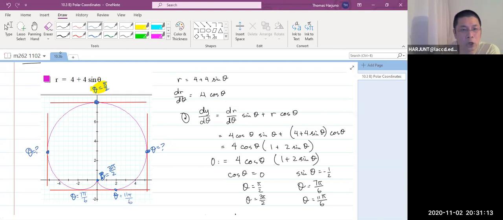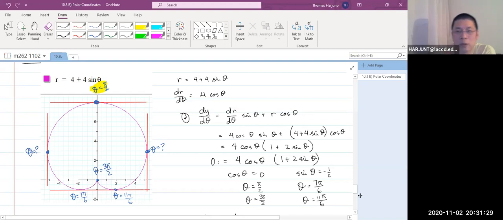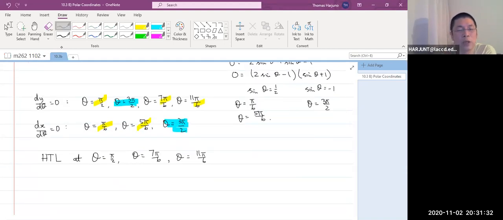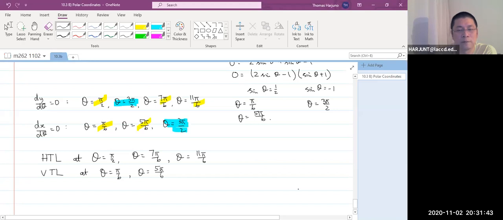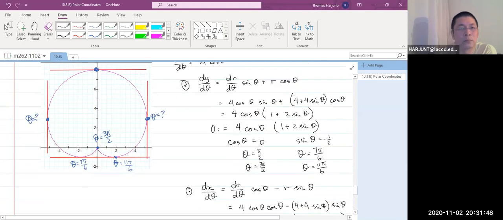Okay, as we predicted earlier, we have an issue at 3 pi over 2. Remember that? We don't know if that's vertical or horizontal or nothing. Now, from here, we also see that we have vertical tangent lines at theta equals pi over 6 and theta equals 5 pi over 6.